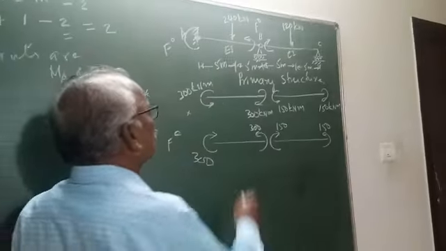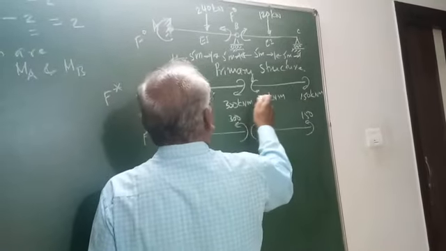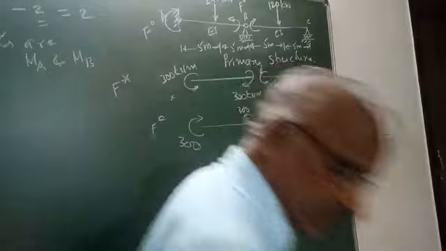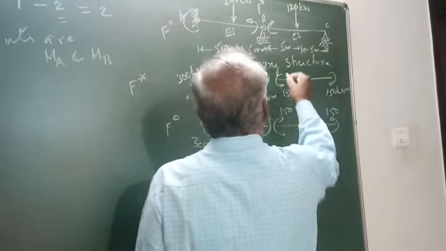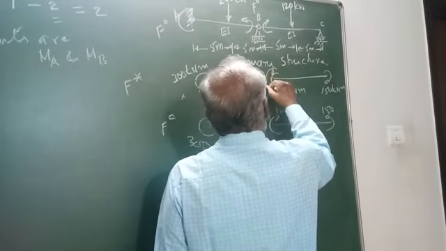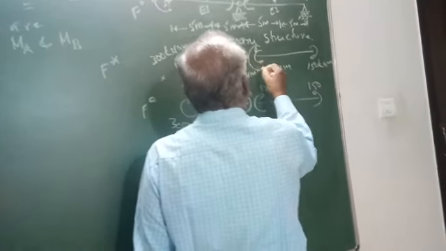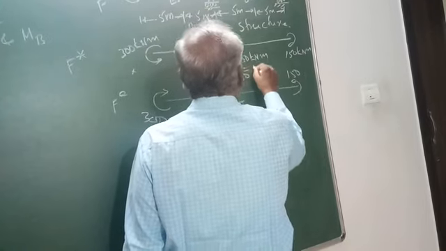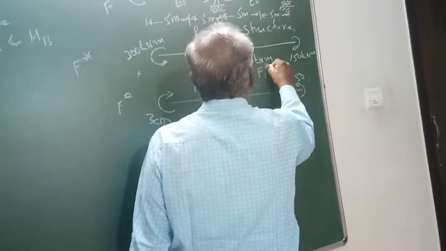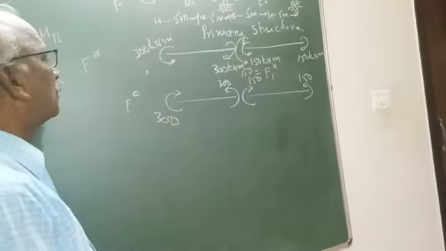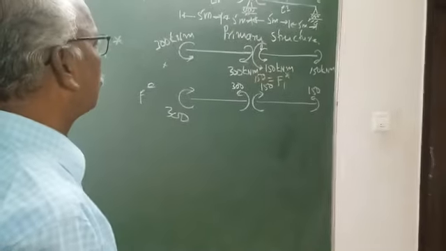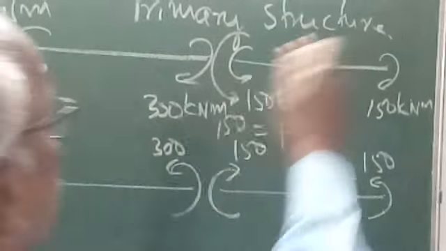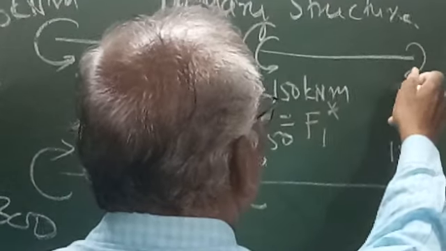Now coming to these two forces at B, 300 clockwise and 150 anti-clockwise, will give minus 150. So this value is equal to F1 star. Coming to the support C here, there is a clockwise moment.